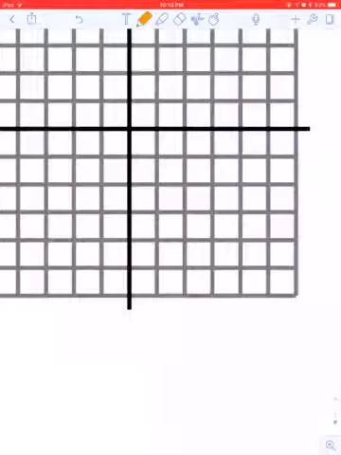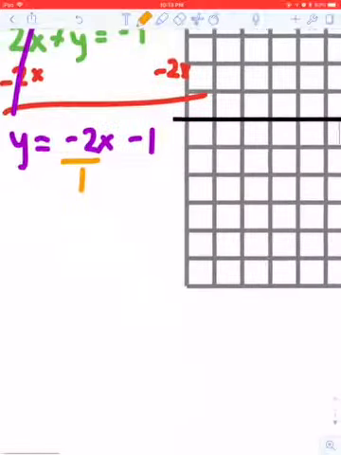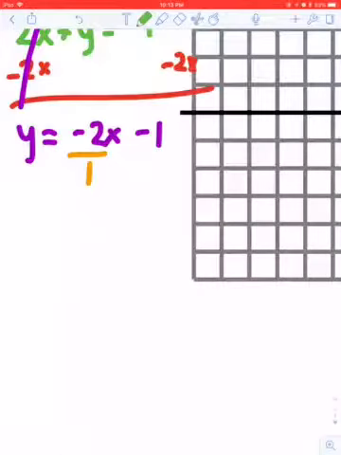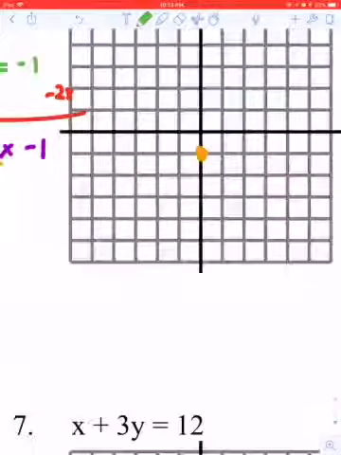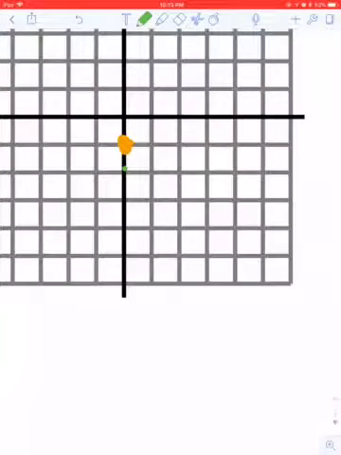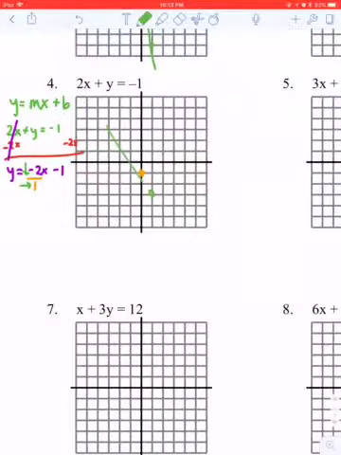So start off with negative 1, negative 2 over 1. That 2 tells you to go down 2, and then we're going to go right 1. So from that spot, I'm going to go down 1, 2, and then right 1. And that's my slope. That's my line.